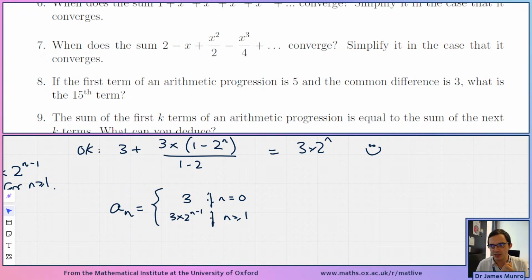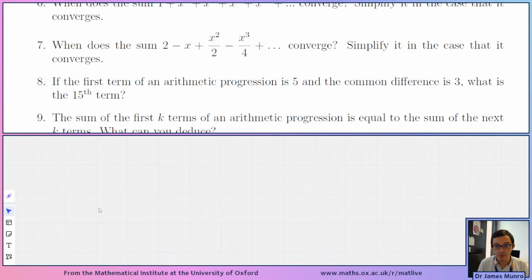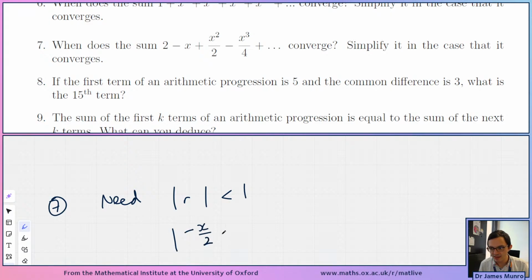The idea is that the terms are supposed to be getting smaller, or closer to 0, I think I should say. If they're getting further from 0, then your sum is just going, maybe you're adding a lot and then subtracting a lot and then adding a lot and subtracting a lot. What are you doing? For this to converge, you need the common ratio, which in this case is minus x over 2. You need that minus x over 2 to be between -1 and 1, which in this case is negative x divided by 2.